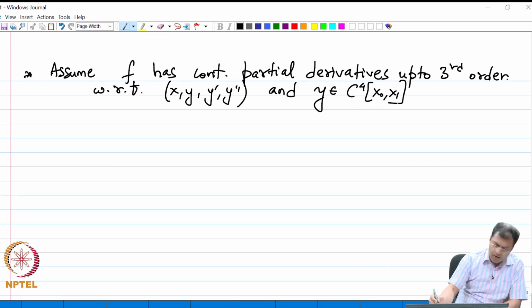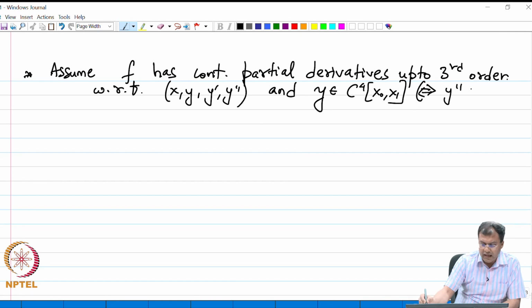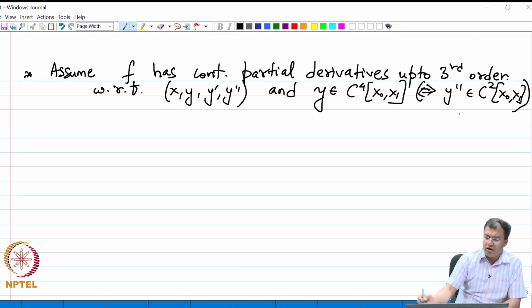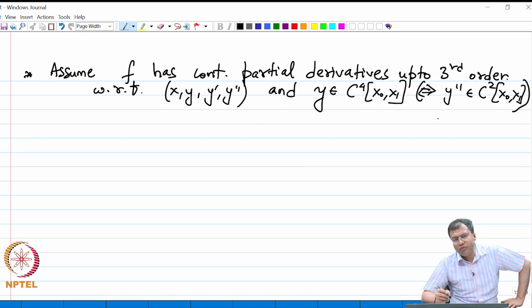Why C4? Because this is equivalent to saying that y double prime must come from C2 of x naught x 1. We have derivatives of y up to second order, and for our derivation of the Euler-Lagrange equation, we need the variable with the highest order derivative to be at least C2, so the variable y must be C4.